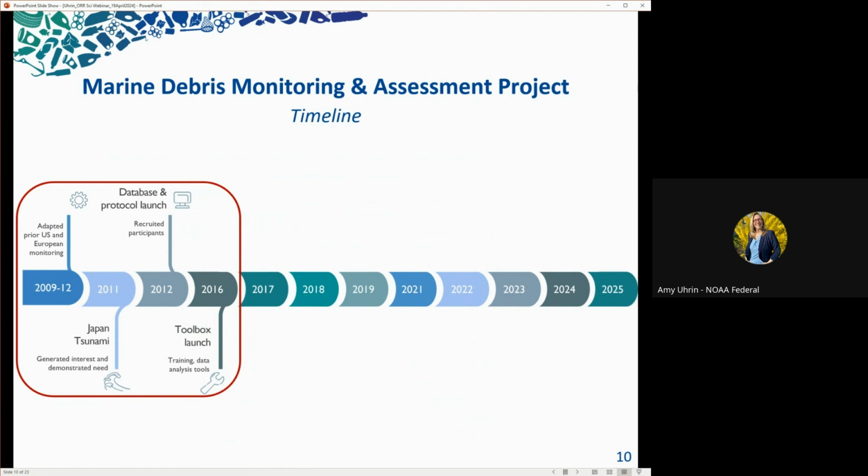And so our program quickly published a guideline for how to perform this on-site data collection method, based on what we had already been working on, and shared this with interested parties. We also launched a publicly accessible online database where all the data is housed. And we provided what we called a toolbox, which contains some training materials and data analysis tools for how people could get started using this data collection method.